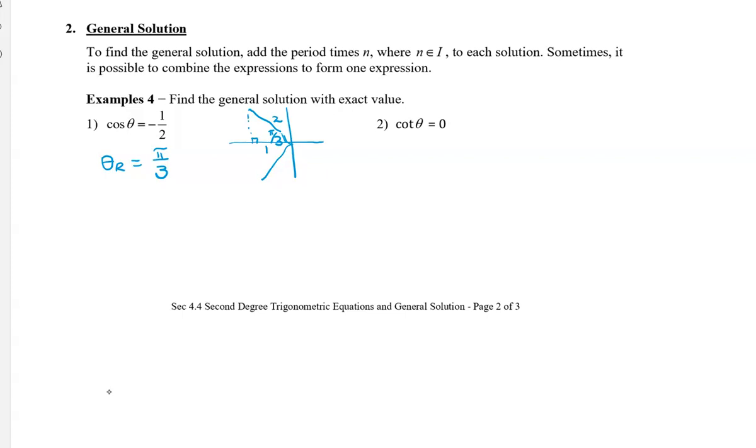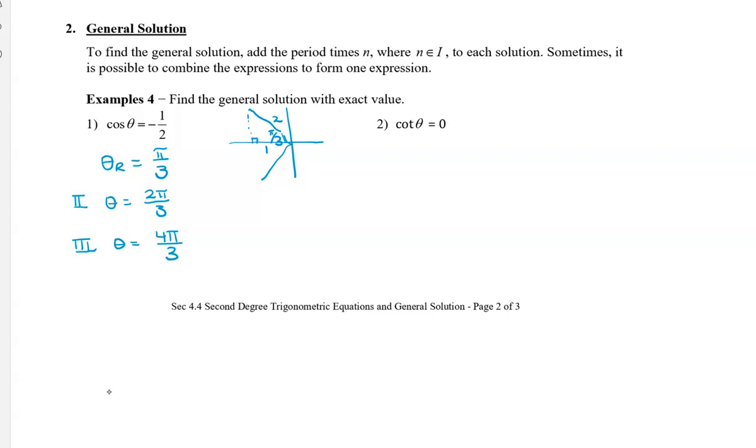So now we're going to find our two angles. The second quadrant angle is going to be 2 pi/3, since we're going to go pi minus pi/3. And then in the third quadrant, it's going to be pi plus pi/3, so that will give us 4 pi/3.